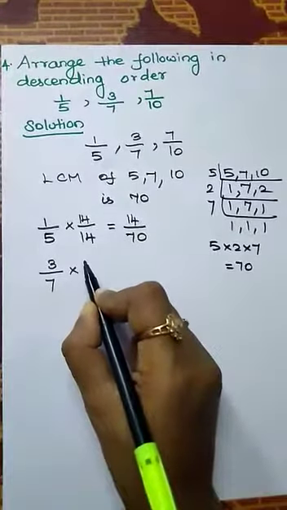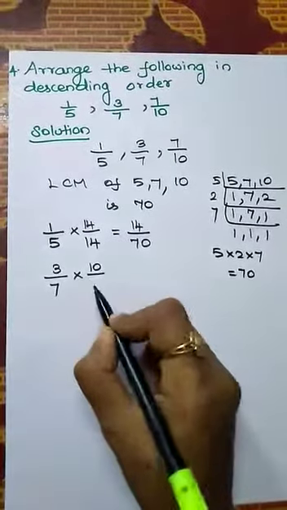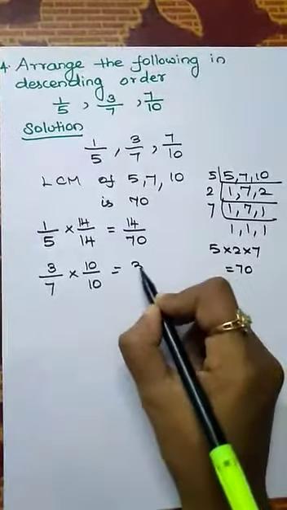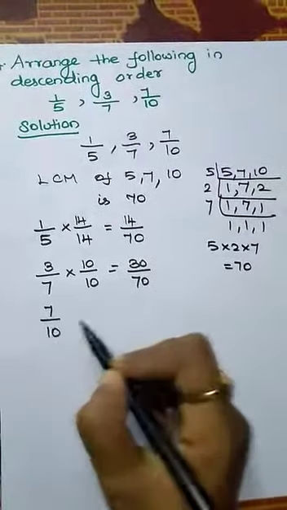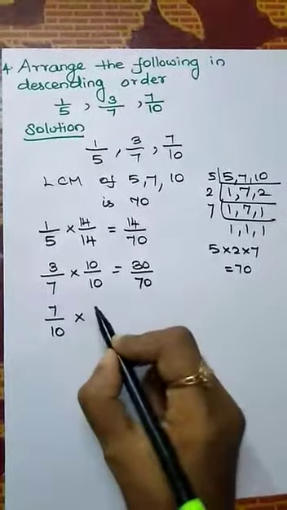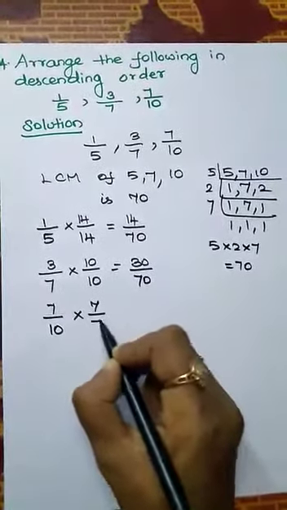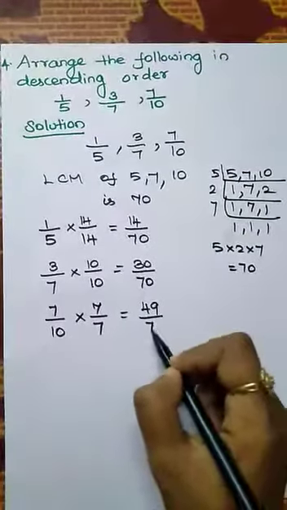So multiply by 10, the numerator and the denominator. So 30 by 70. The next number is 7 by 10. Again, we need a denominator value of 70. So multiply the numerator and denominator by the number 7. 7 sevens are 49. 10 sevens are 70.